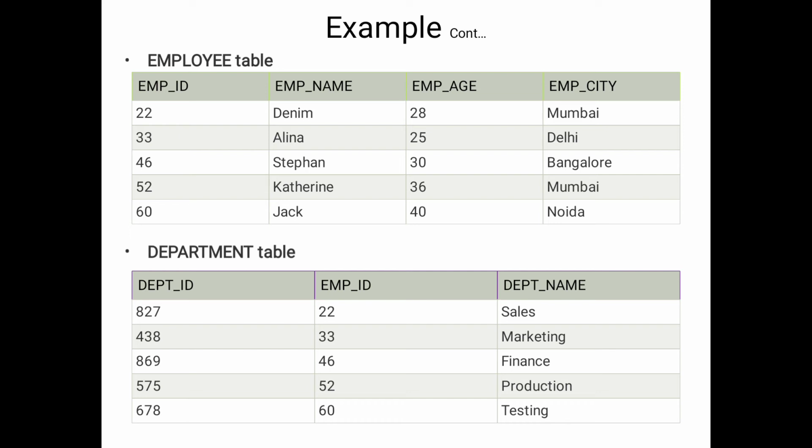If R1 intersection R2 is equal to null, then definitely that is not a lossless decomposition. Definitely in that situation we will lose some information. So please remember one point: R1 intersection R2 is not equal to phi. Then only this is the lossless decomposition. Here also, employee table intersection department table is equal to the common field, employee id. That's why we simply say that this is the lossless decomposition.